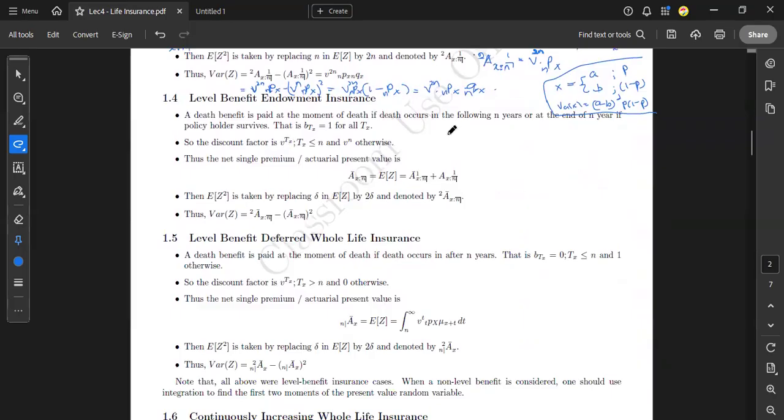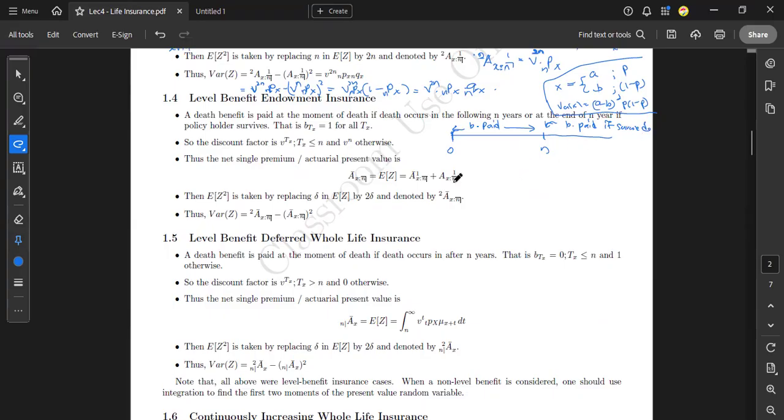That means from 0 to n, benefit paid if death occurs. And at this point, the benefit paid if survived.